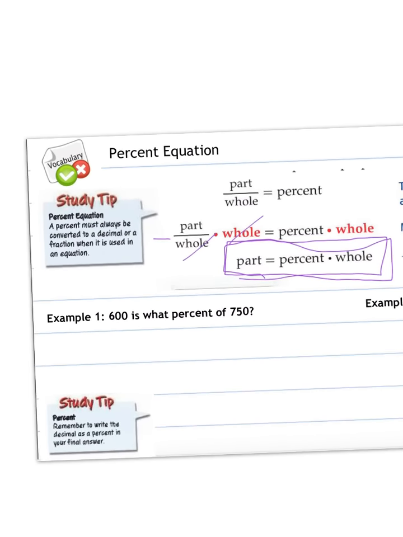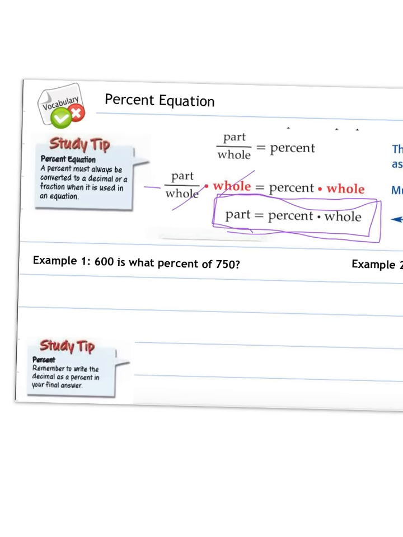So let's try this one. 600 is what percent of 700? Okay? So again, the part is going to be our is equals percent times, and the whole is going to be of. So just like we did with the percent proportion, part is our is, whole is our of.